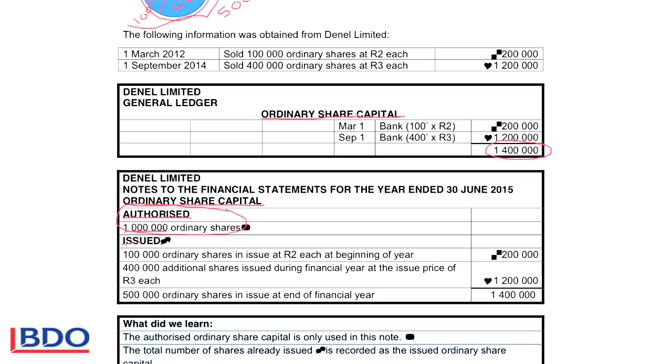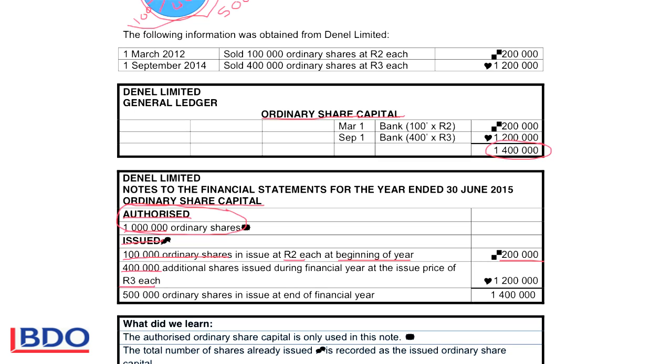For issued share capital, you indicate how many shares you have in issue at the beginning of the year. So shares that were already sold in previous years were 100,000 ordinary shares. They were issued at 2 Rand each. So at the beginning of the year, you already had capital worth 200,000 Rand. During the current year, you issued an additional 400,000 shares at 3 Rand each.